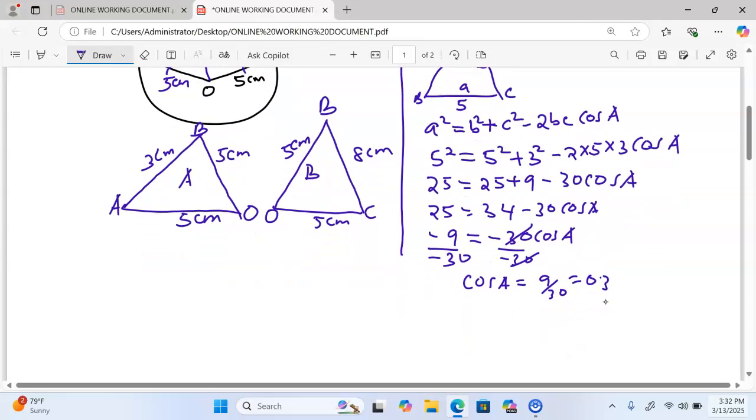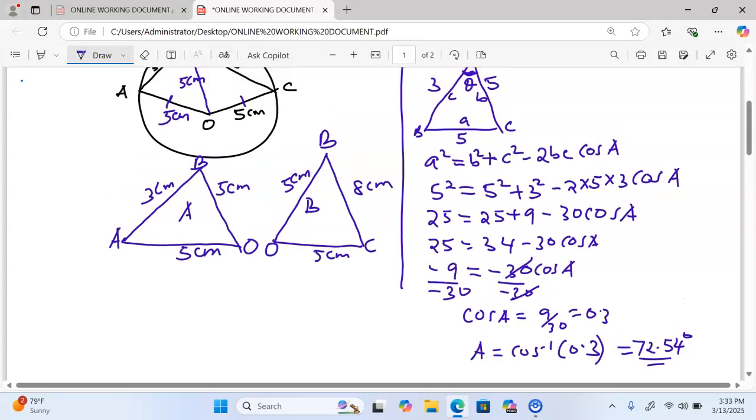So if cos A is equal to 0.3, then A will be equal to cos inverse of 0.3, and the cos inverse of 0.3 will give us exactly 72.54 degrees.